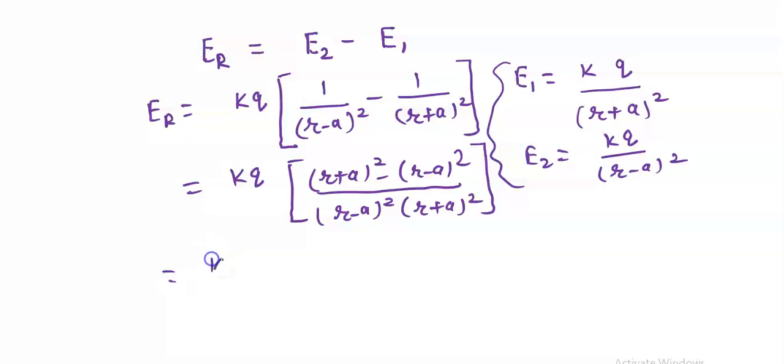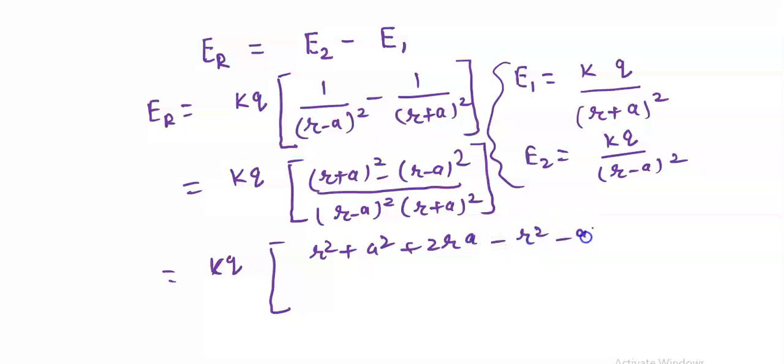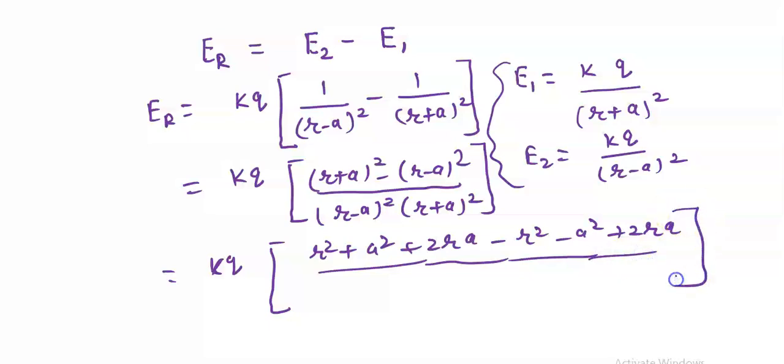Now you have to square it. So when you square this, R square plus A square plus twice RA, minus, we will multiply the minus, R square minus A square plus 2RA, upon, in the denominator, you see, we can write it like this. See, R minus A into R plus A and its whole square will be there.